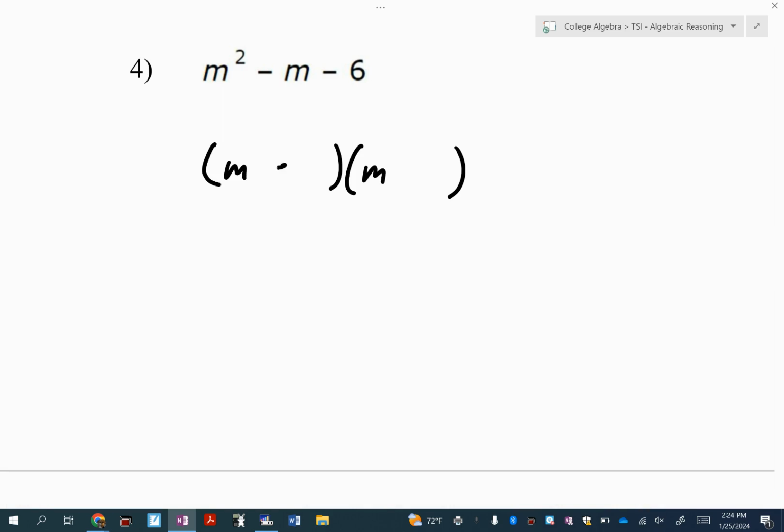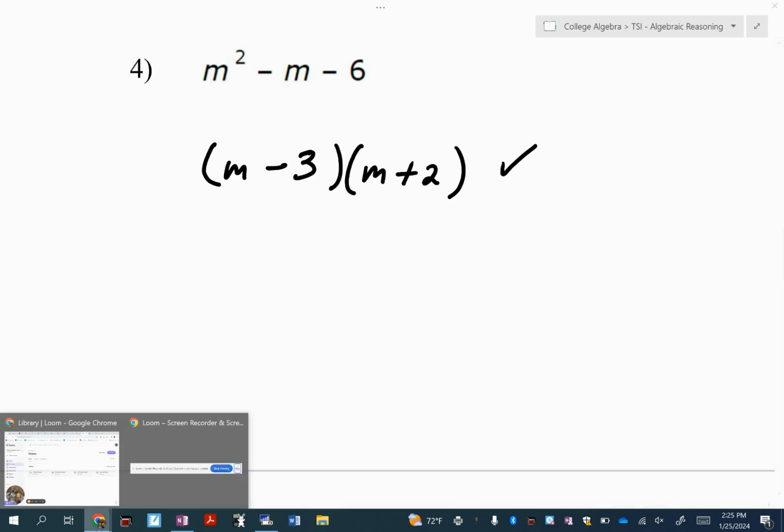I heard negative 3 and what? Positive 2? Let's see. So negative 3 times 2. There we go. Negative 3 times 2 is negative 6. And what's negative 3 plus 2? That checks out. Well done. All right. Impressive.